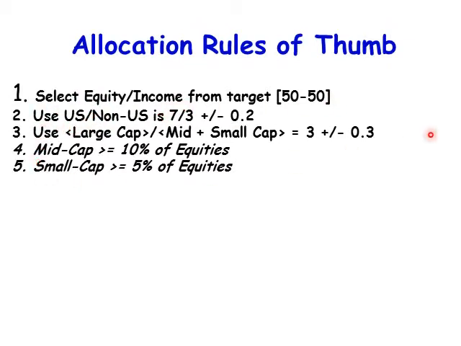And this is all within caps. Large caps should be larger than the total of mid and small cap, and we're using a ratio of 3. Feel free to ignore the last two rules.